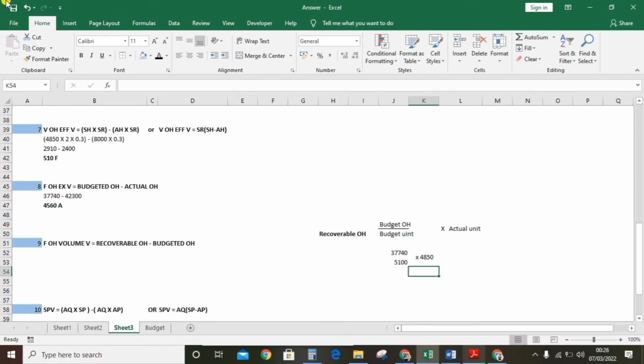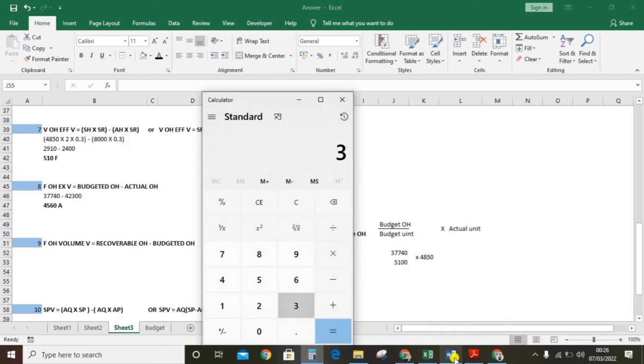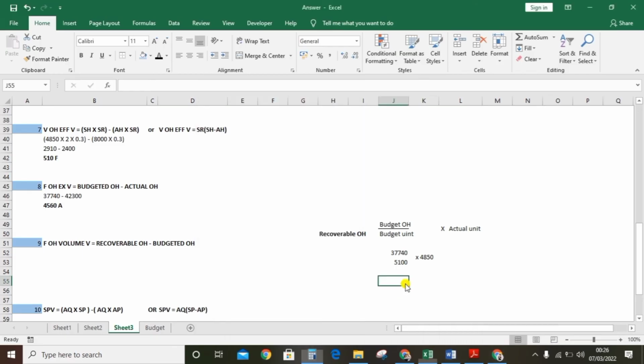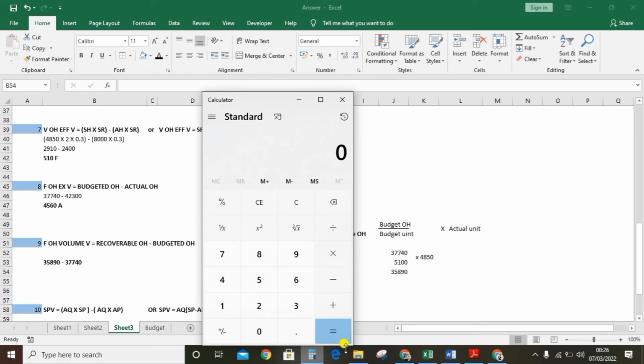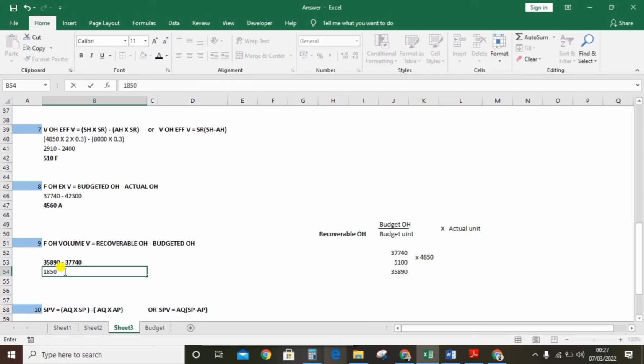So 35,890 is the recoverable overhead. 35,890 minus budgeted overhead 37,740. So here 1,850 is adverse.